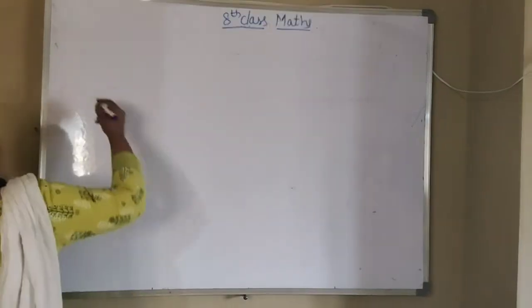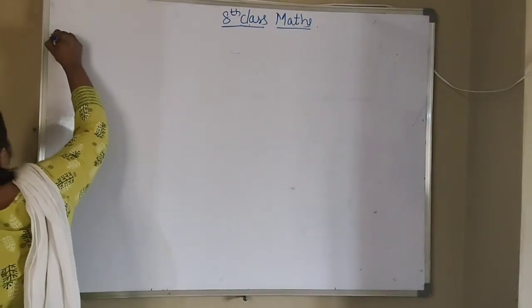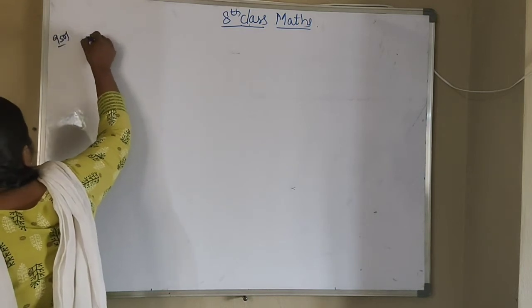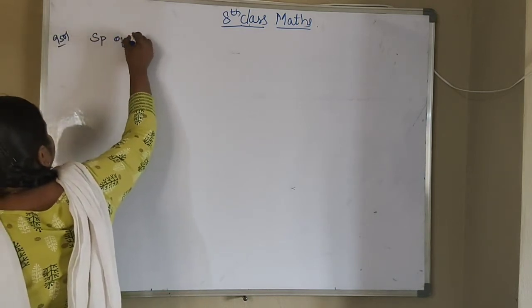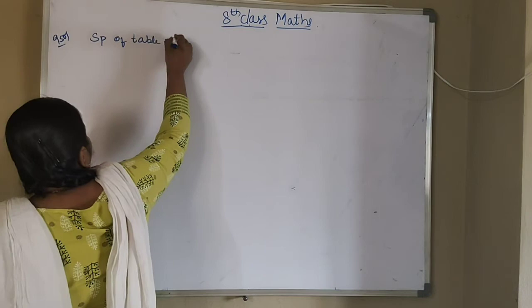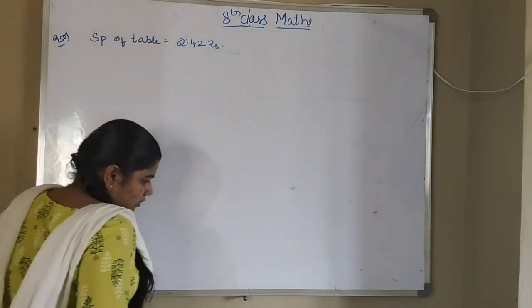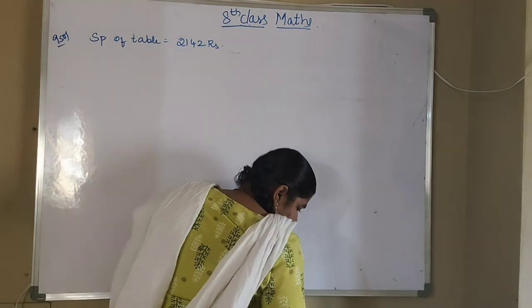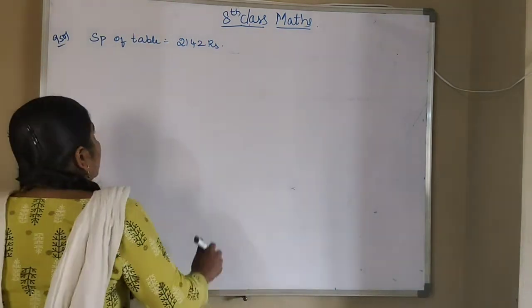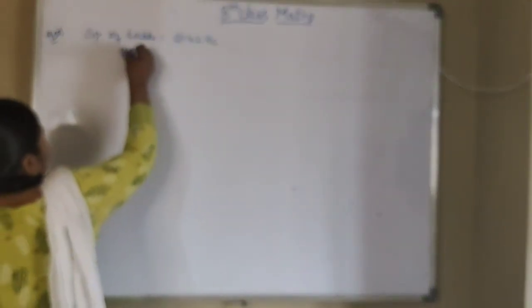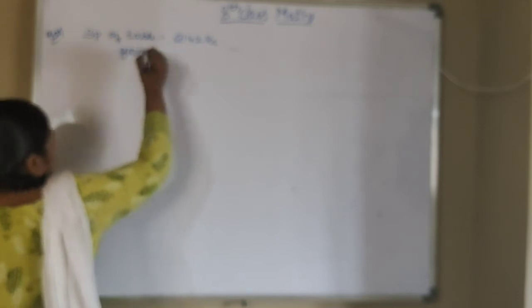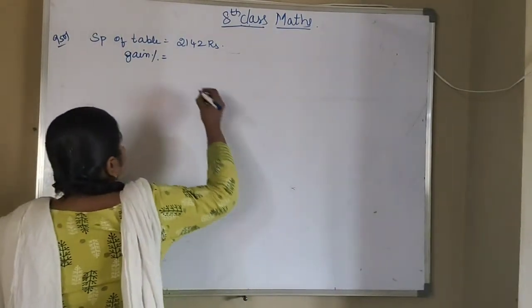That means SP of a table is how much? 2142 rupees. Okay. Next is how much gain he got? Gain percentage is equals to 5%.